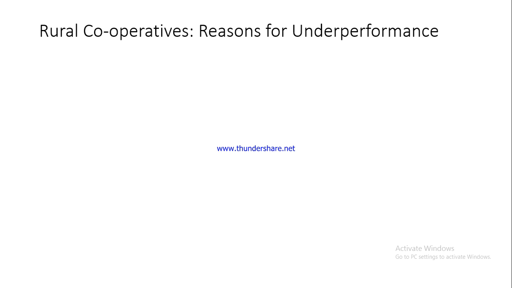In the next session, we'll be discussing this particular topic, and we'll also be discussing the solutions that can help the rural cooperatives improve their functioning, and be more effective in discharging their main duties.